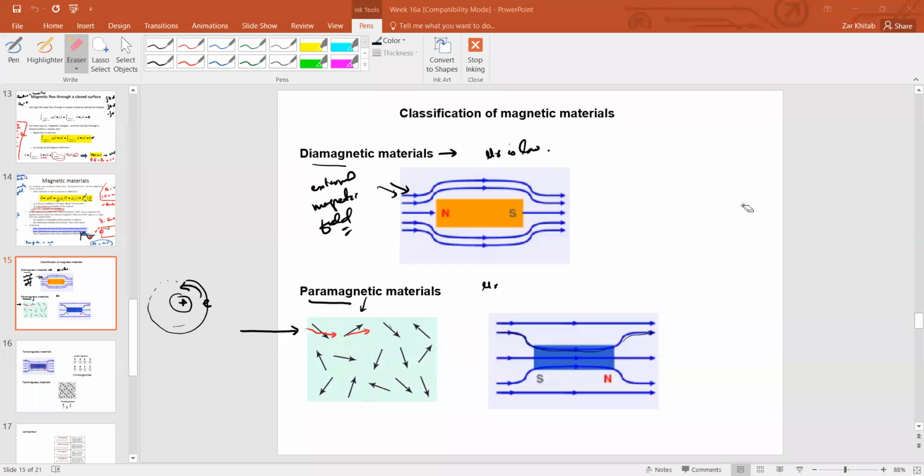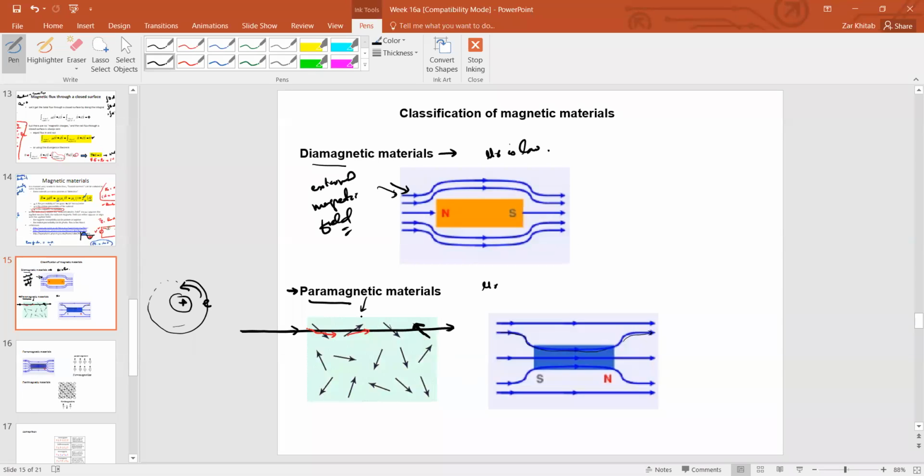Okay, so these paramagnetic materials, these magnetic moments inside the material, because of the electronic spin, try to orient themselves in the direction of the external magnetic field, and they do this reorientation very, very weakly, very subtly.